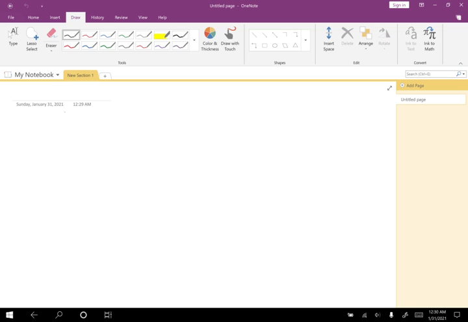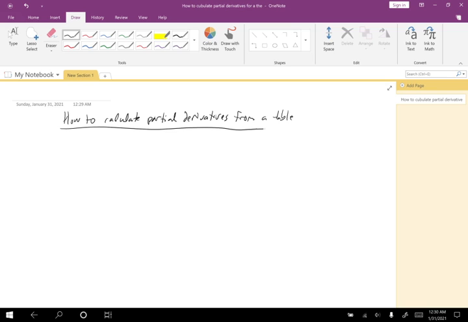Okay, we're going to talk about another type of problem, which is how to calculate partial derivatives from a table. Let me give an example of this kind of problem.